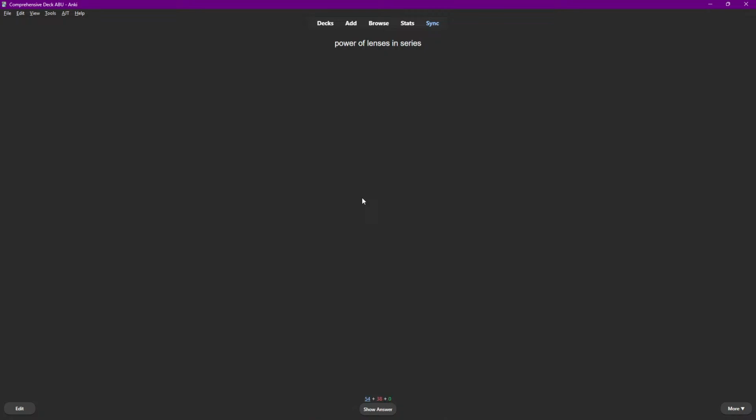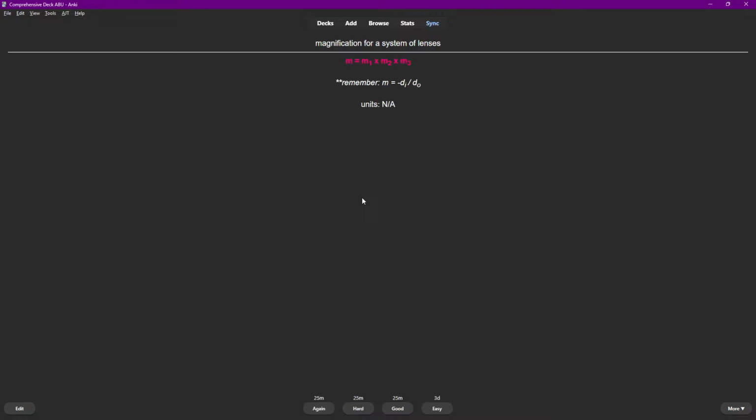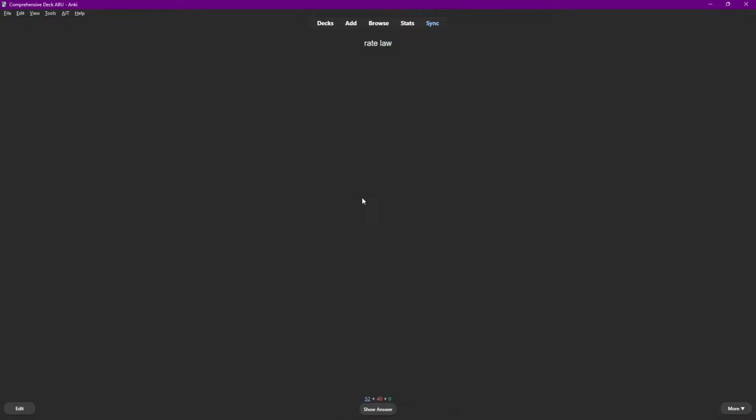Parallel lenses in series, you add the focal lengths. Magnification of a system, you multiply the magnifications. Total magnification equals m of the eyepiece times m of the objective.